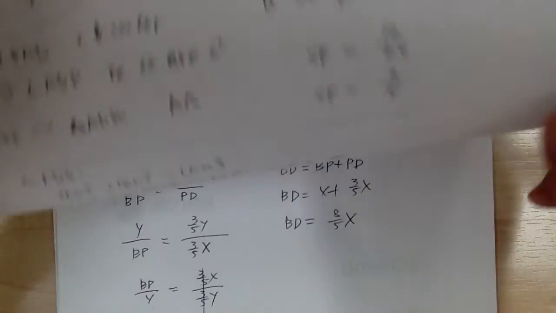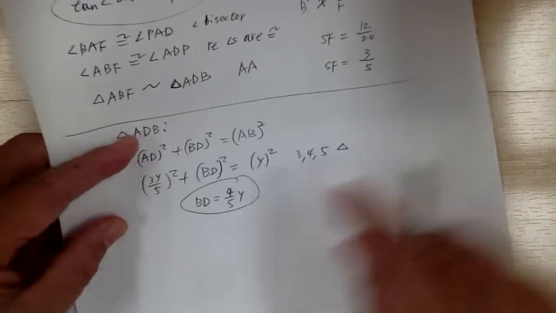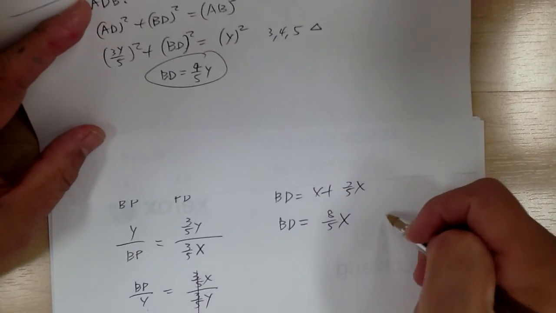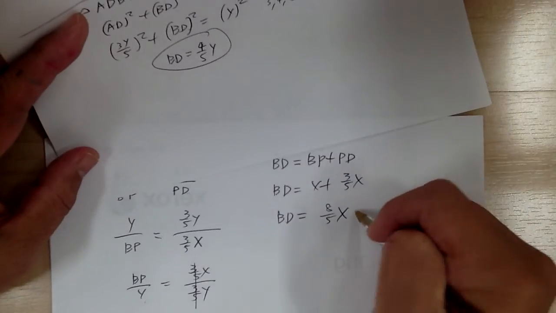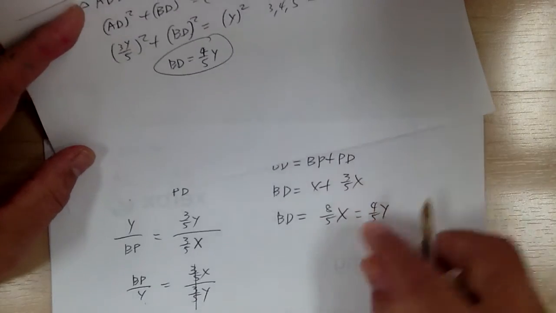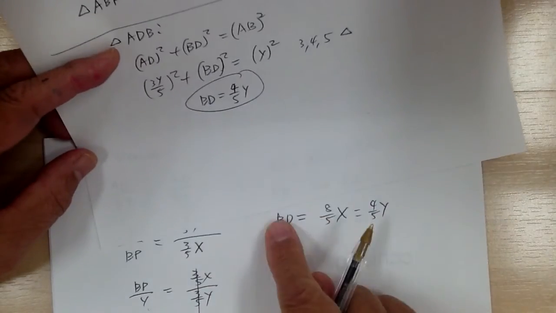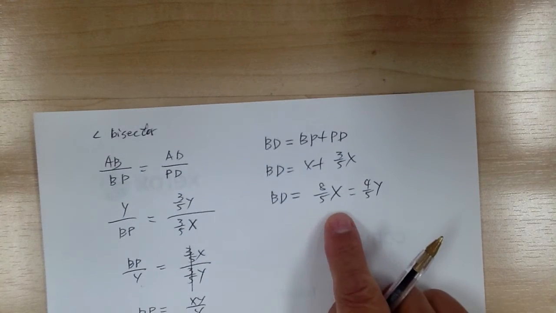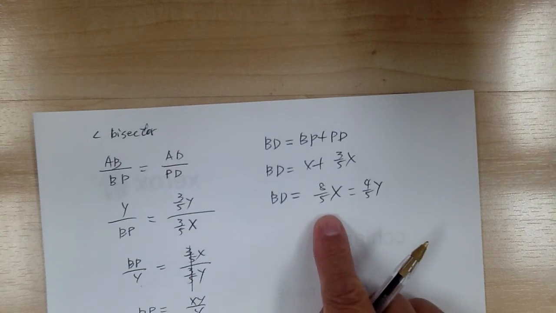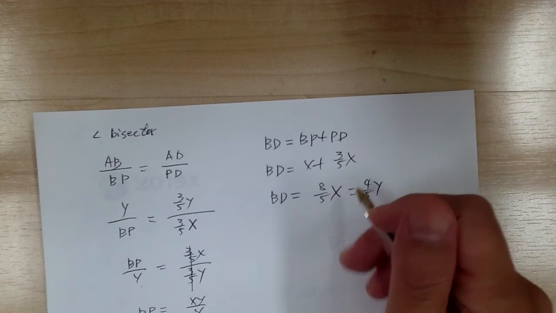And remember from earlier, we have BD equal to 4 over 5 y. So we can put that over here. Okay, BD equals that. So now we can go ahead and look for x over y.